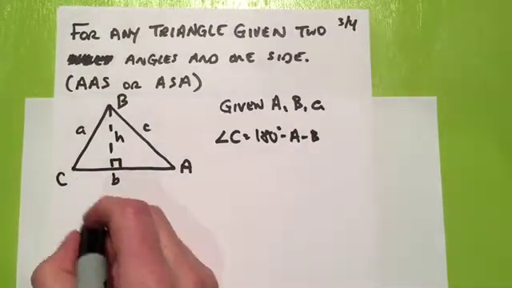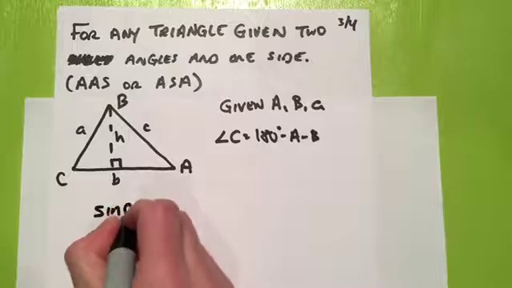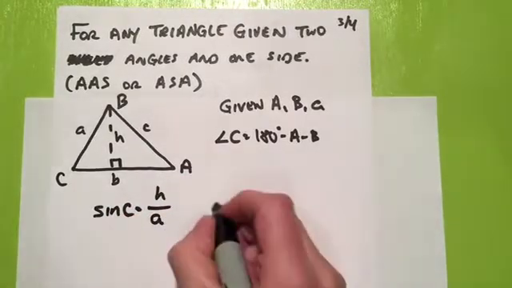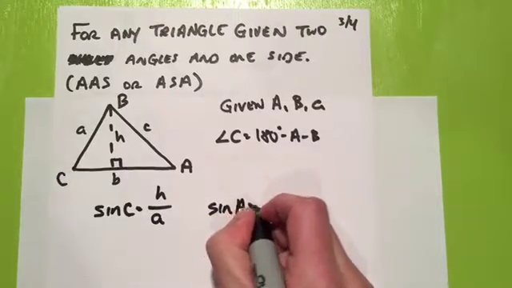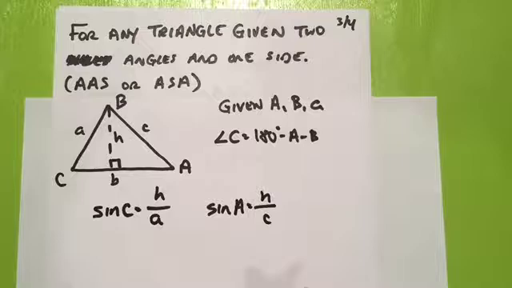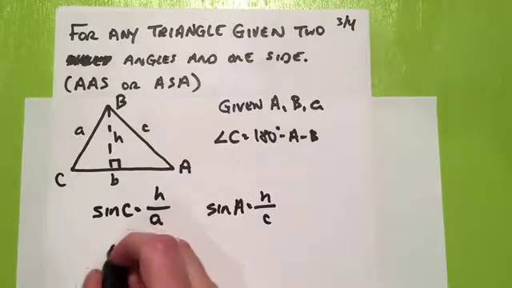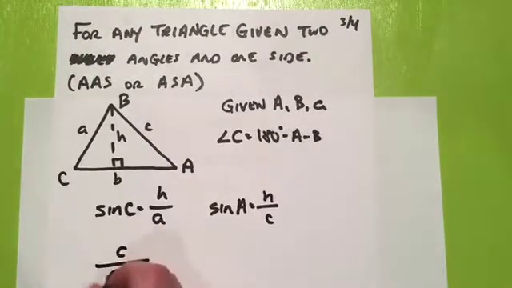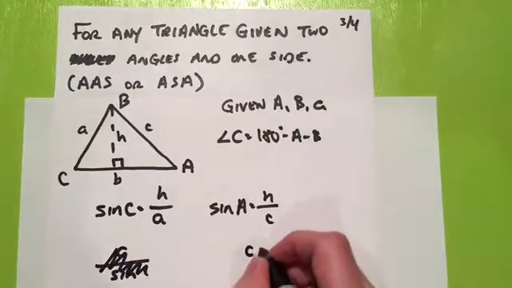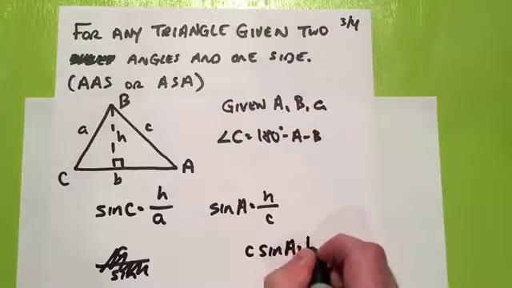We notice that sine of C is going to be h over A. We notice that sine of A is going to be h over C. By some rewriting, we have C sine of A equals h.